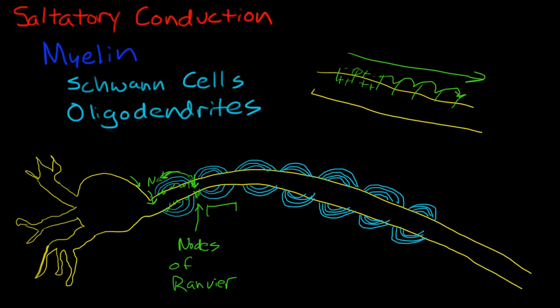Sodium rushes in here, gets pulled from here, here, and here, and this triggers these sodium gates to open up. So the propagation of the action potential skips from node to node to node to node.